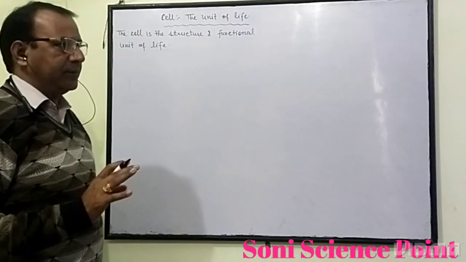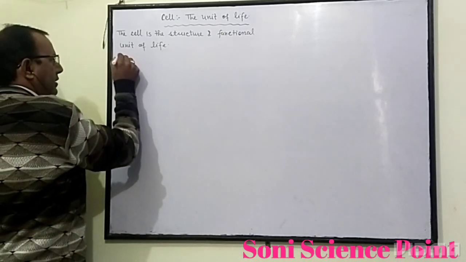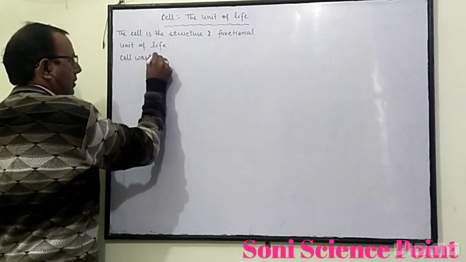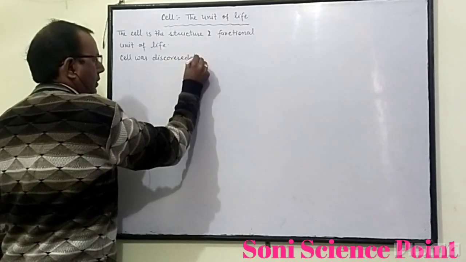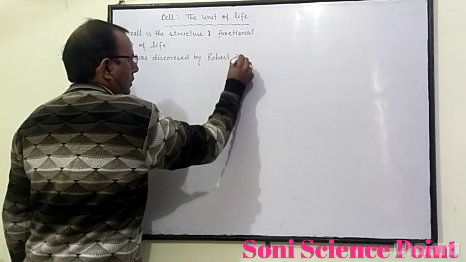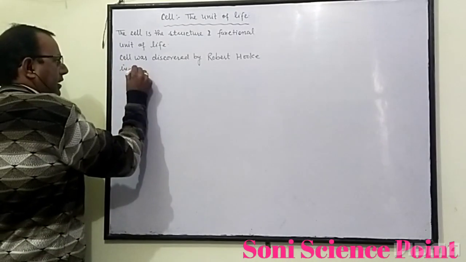The cell was first observed by Robert Hooke, or we can say that the cell was discovered by Robert Hooke in 1665.